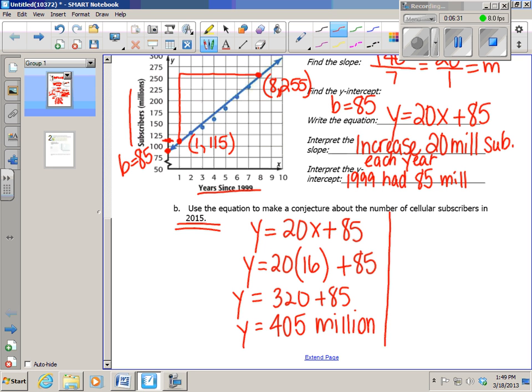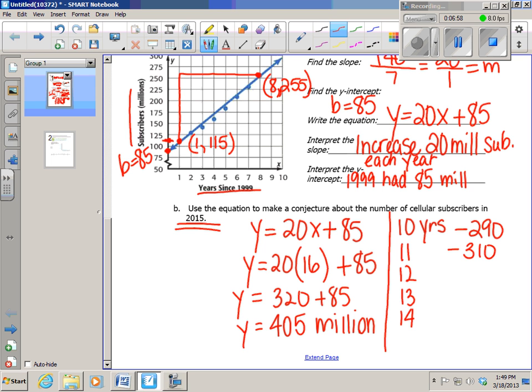You can also do it this way. You can say, okay, at 10 years after 1999, we had on the graph about 290 million subscribers. So then we do 11 years, 12 years, 13 years, and so on. And so you kind of keep going with it. And you say, okay, after 11 years, we're going to have 20 more.